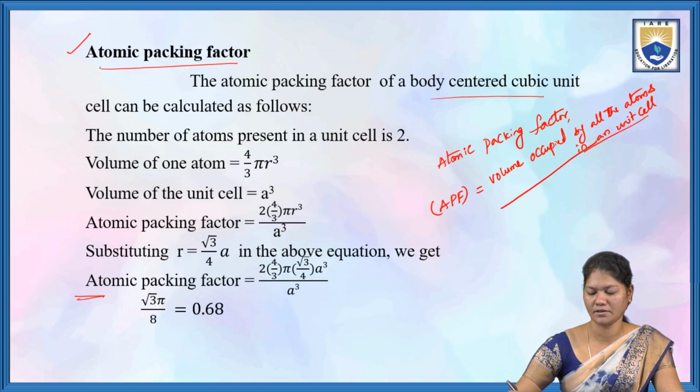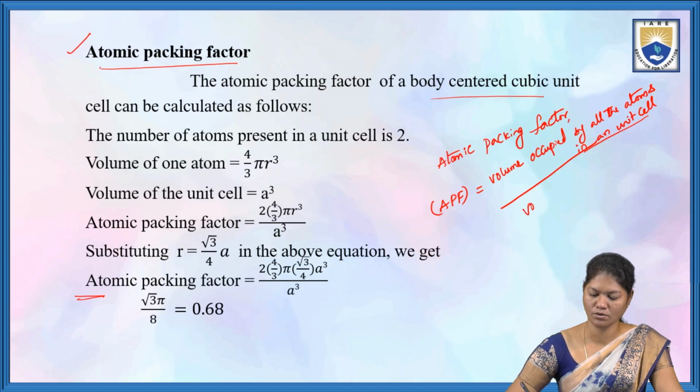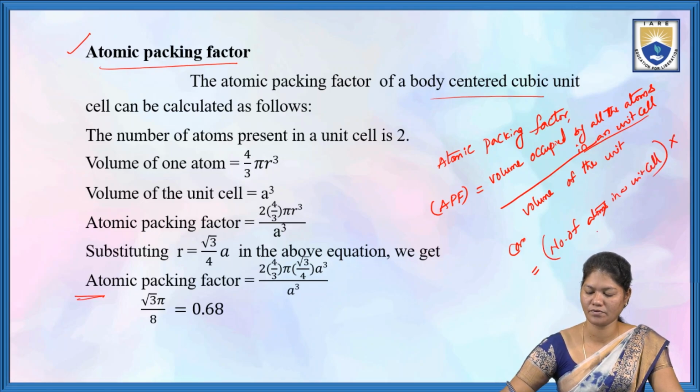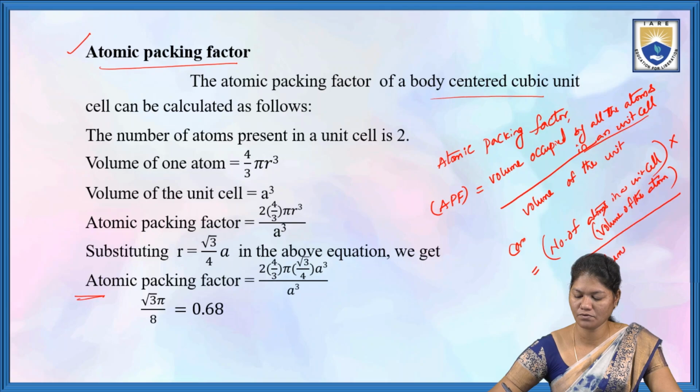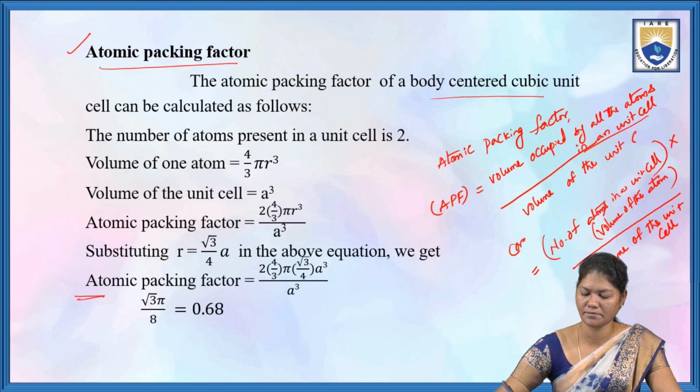divided by the volume of the unit cell. Or else we can write the number of atoms in a unit cell into the volume of the atom, divided by the volume of the unit cell.